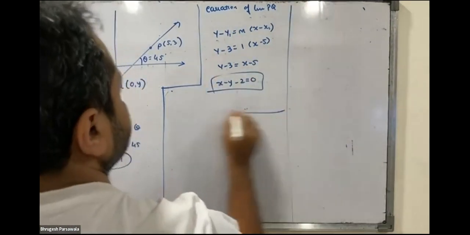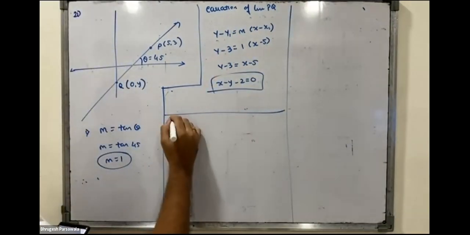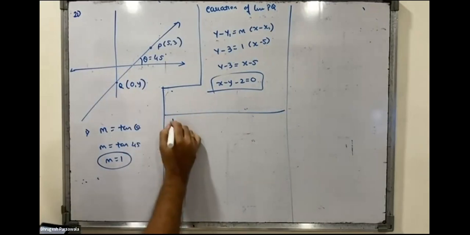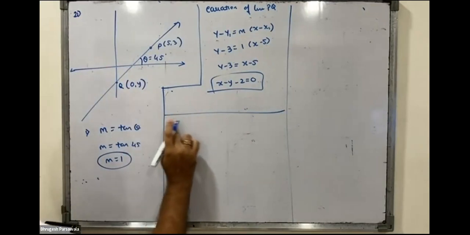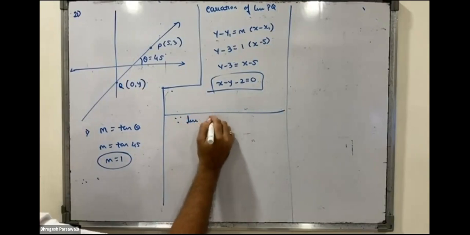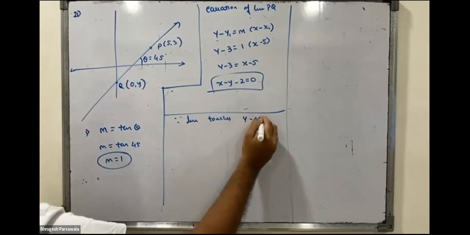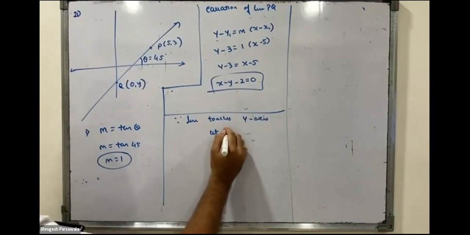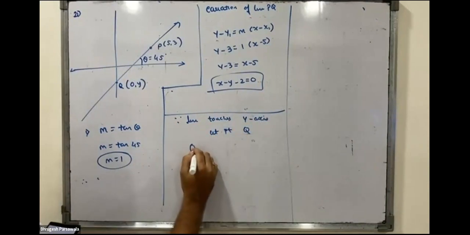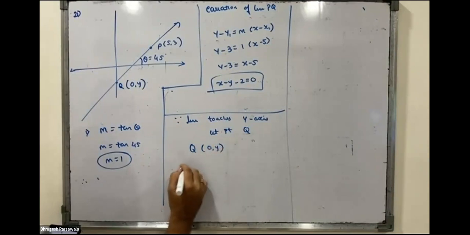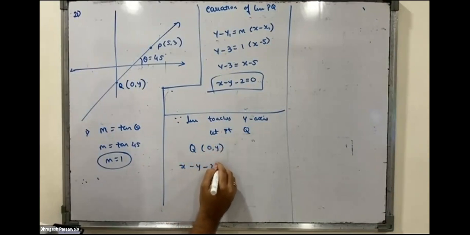Okay beta. Beta, Q intersects the y-axis. Since the line touches the y-axis at point Q, therefore the coordinates of Q are (0, y). Substitute (0, y) in this equation, beta.